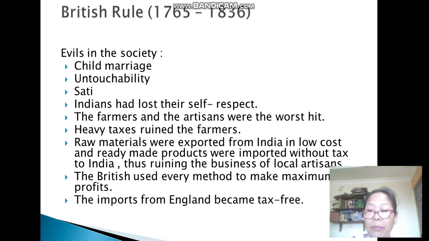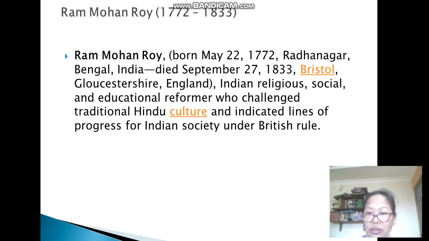Whatever was being imported from England was tax free. They did not have to pay any tax. In this way, the Britishers were maximizing their profit, but they were not giving any substantial benefit to the common Indian.